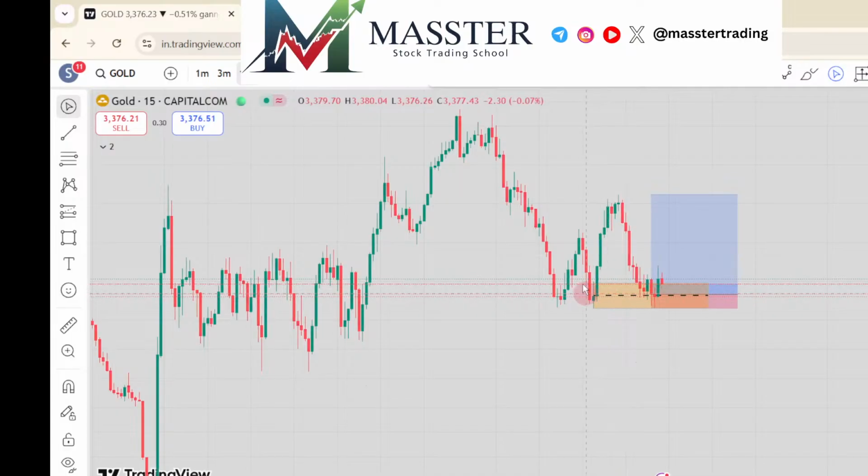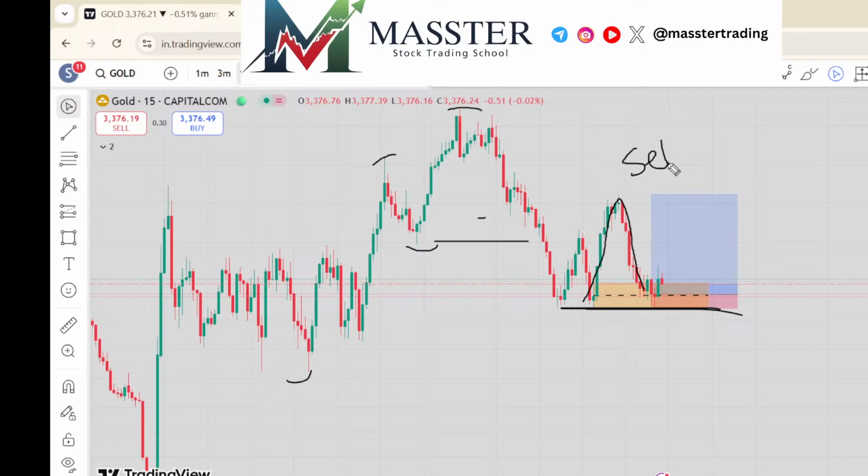If we notice how the market created higher highs and higher lows, from here and the strong support here, it created a change of character here. That retracement tells us the sellers were active.